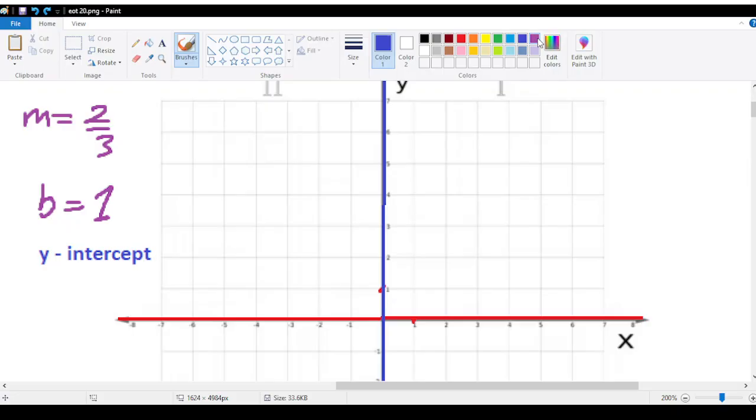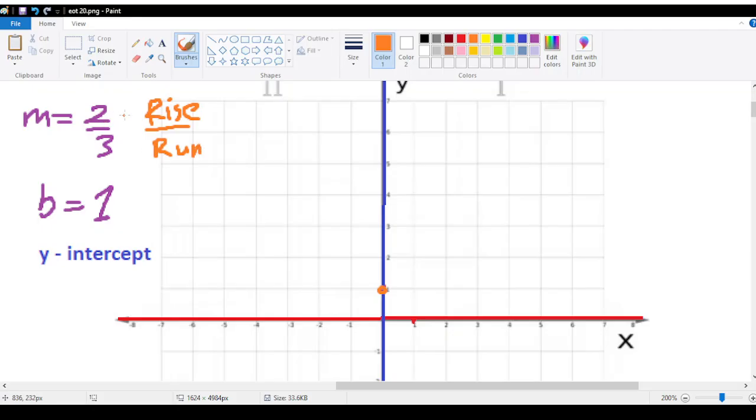So let's suppose its point is somewhere here. I'm going to do it in orange. Yeah, orange is better. Okay, Shamsa. Now, what is the value of the slope? The slope is 2 over 3. Now we know that the slope is rise over run.